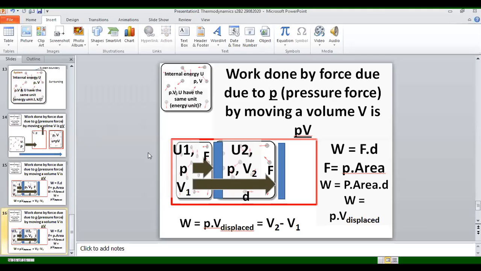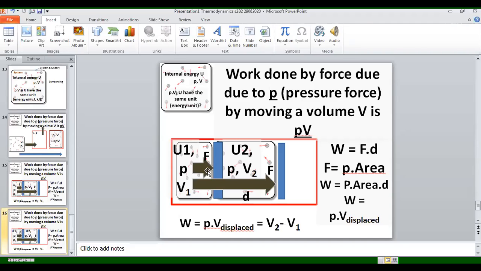So now what happens is, this force F, this energy for the force is from this gas or steam, this system.